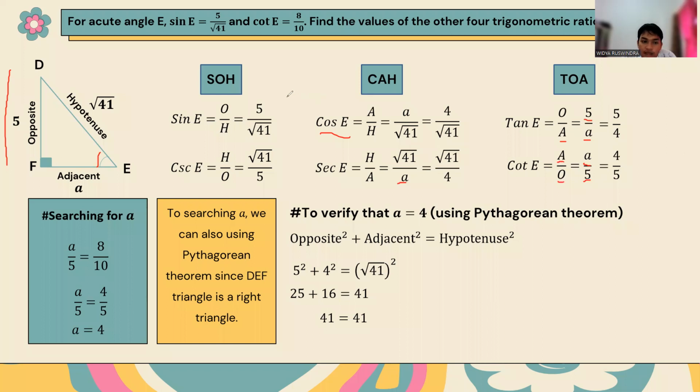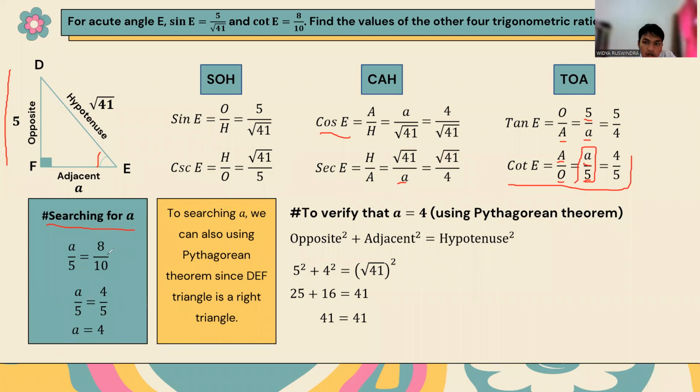So how about the A value? What is A? From the question we have the cotangent is A over 10, and in this triangle we have a cotangent of A over 5. So we want to find the A value, so we have a ratio A over 5 is equal to 8 over 10.